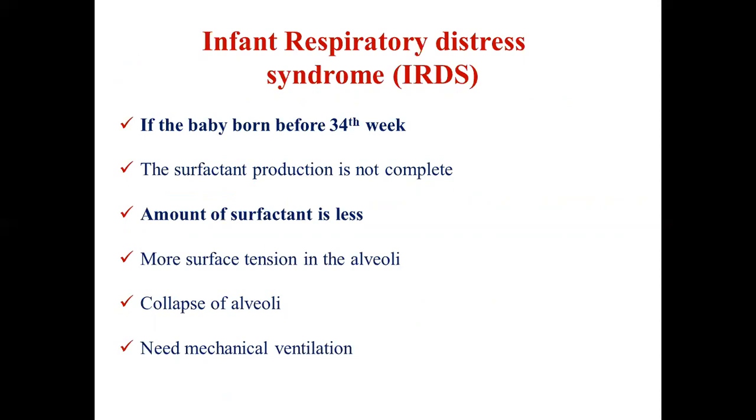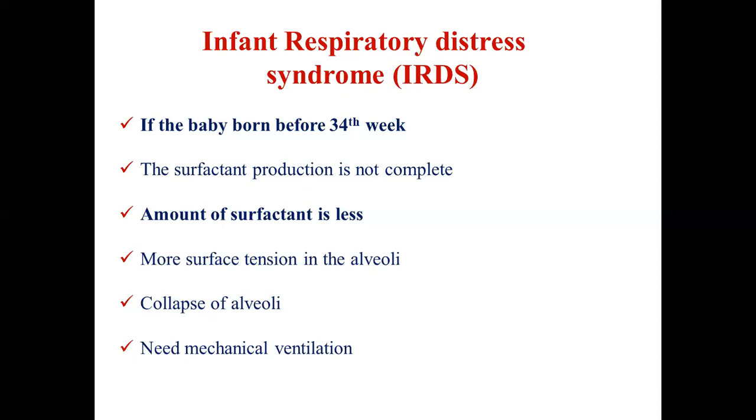Now, what are the abnormalities or applied factors related to the synthesis, secretion and functions of surfactant? As we have seen, the complete secretion of surfactant occurs before the 34th week.